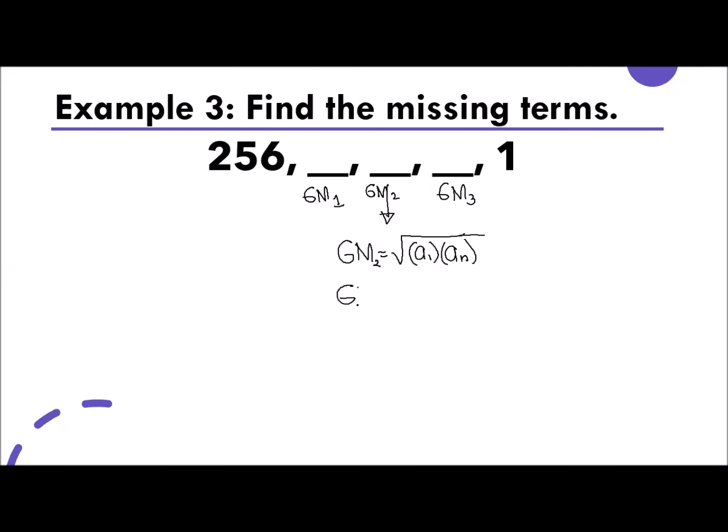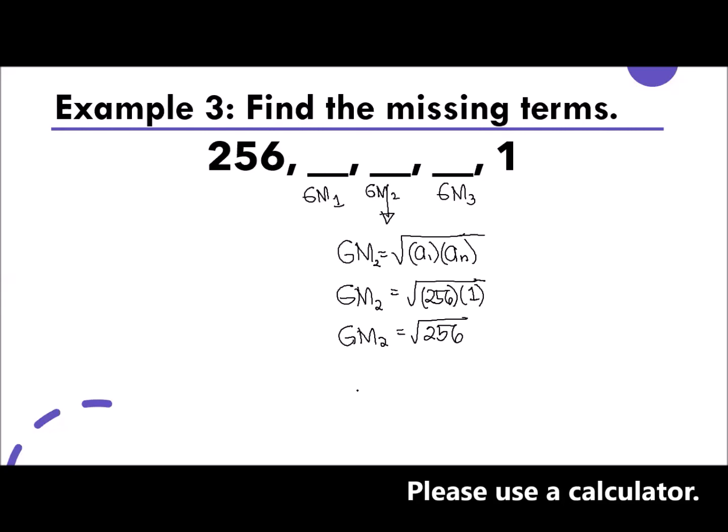Okay? So, we are pertaining to the second geometric mean. So, our first term is 256, and that is a sub 1. Kahit na paghiwalayin natin to, 1 pa rin naman yun eh. So, ibig sabihin lang yan, ano talaga ang square root ng 256? Okay? So, get now your calculators.